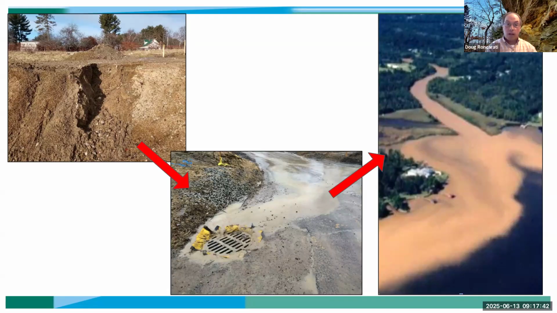Whether it moves directly into a stream or into a river or right off the coast into the ocean, or whether it goes through our municipal separate storm sewer system, through our catch basins, or even through the treatment plant, through our combined system. Sediment, if you ever look at Casco Bay after a really heavy rainstorm, you will notice it becomes kind of brown along the coastline, and that's because of sediment moving off our landscape.